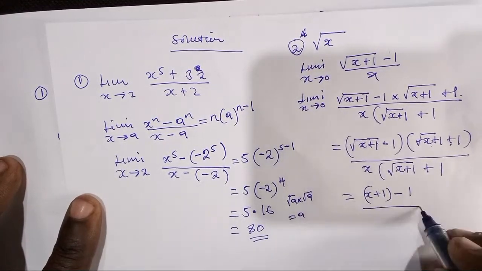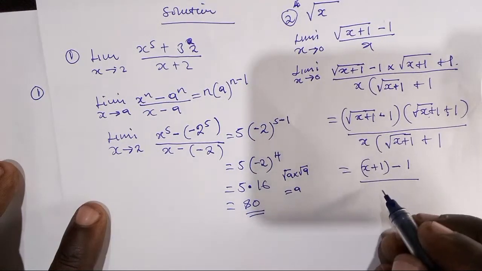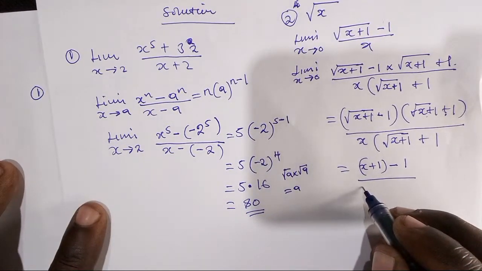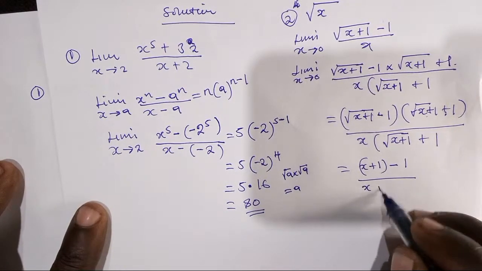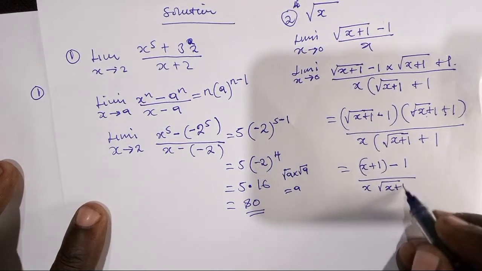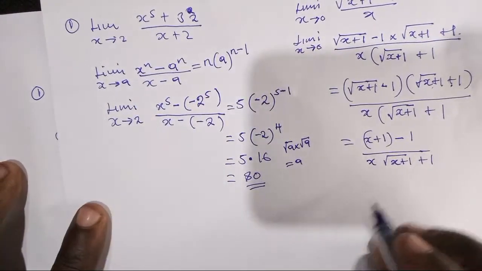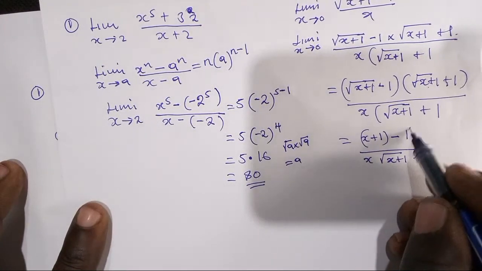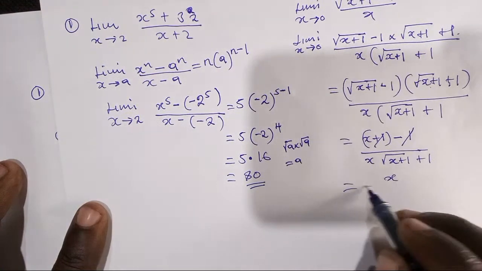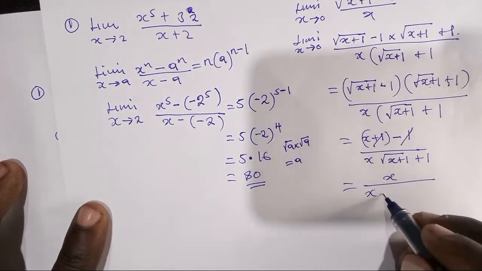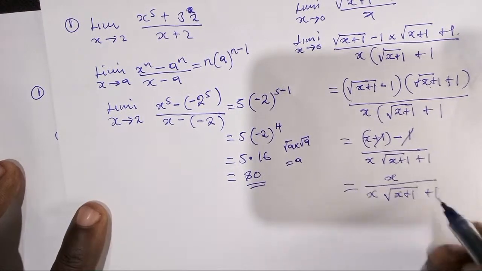Then over x times (square root of x plus 1, plus 1). In this, negative 1 and positive 1 cancel, so we remain with x over x times (square root of x plus 1, plus 1).